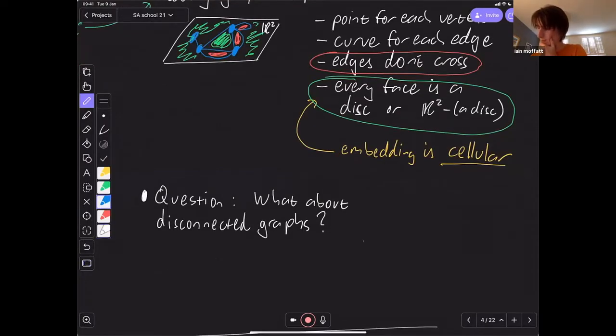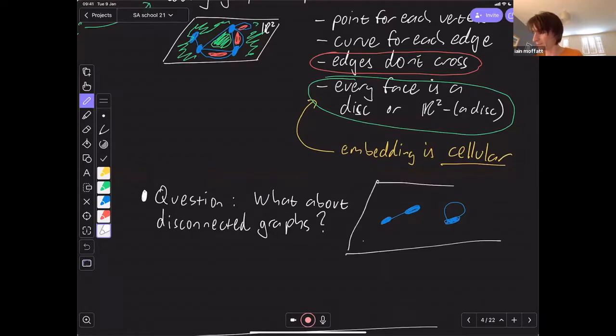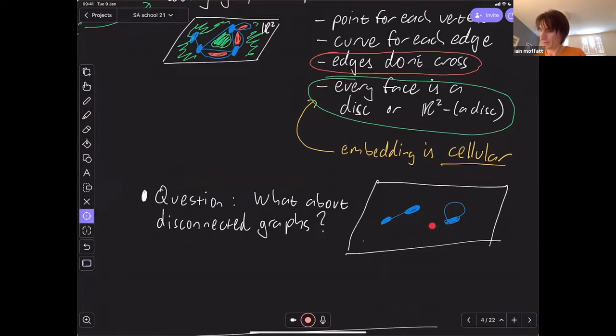Let's keep it nice and simple, and suppose my graph had two components, this one and this one, and I wanted to get an embedding of this in the plane. Well, the natural thing to do would be to just draw both of these on the page, but this goes wrong, and the reason is that this cellular condition doesn't hold.